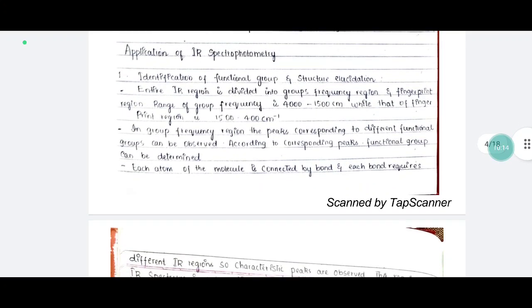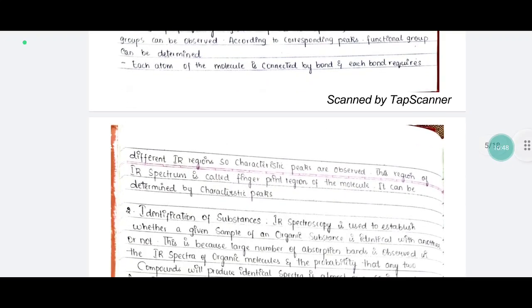Then the applications of IR spectroscopy. First, identification of functional groups and structure. In a molecule, the frequency regions of the peaks correspond to different functional groups, determined by the atoms connected by the bond, and each bond requires a different IR region.